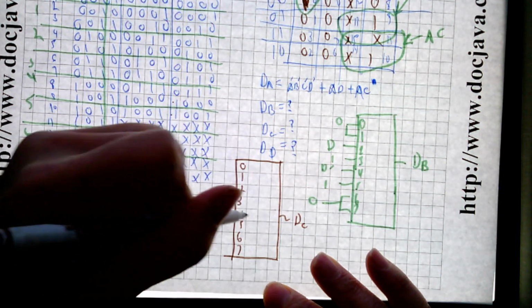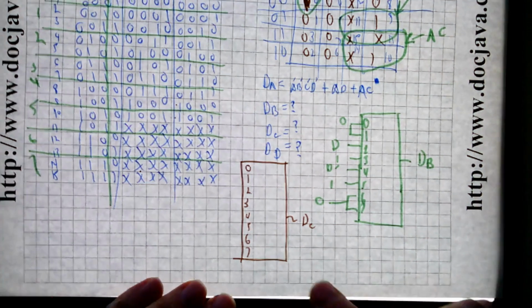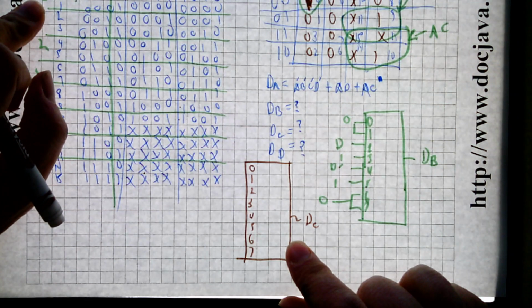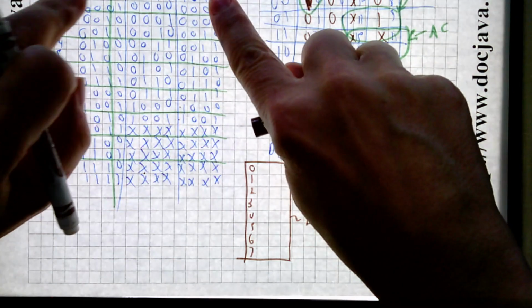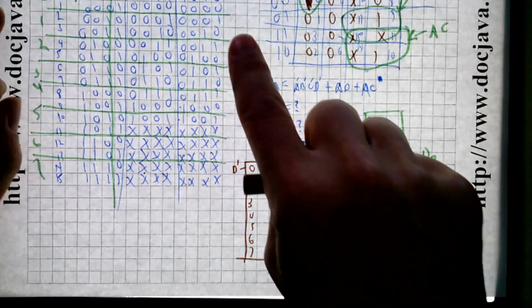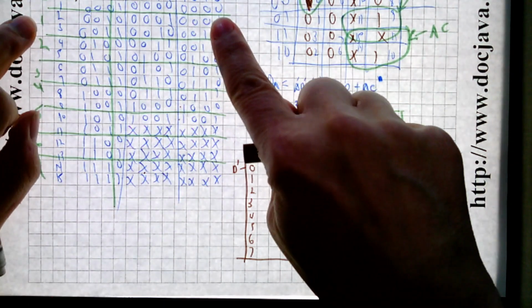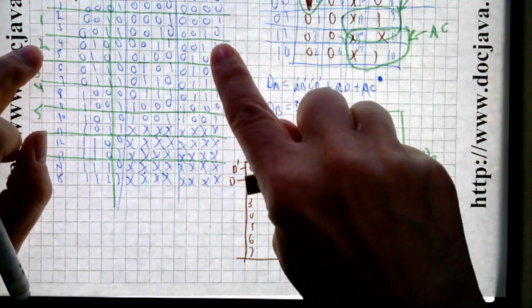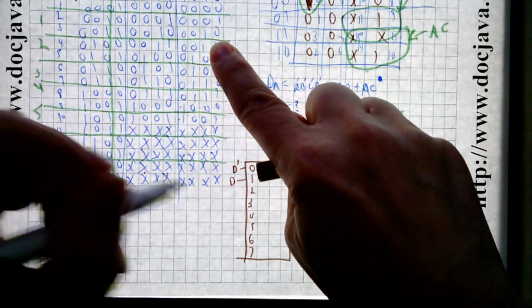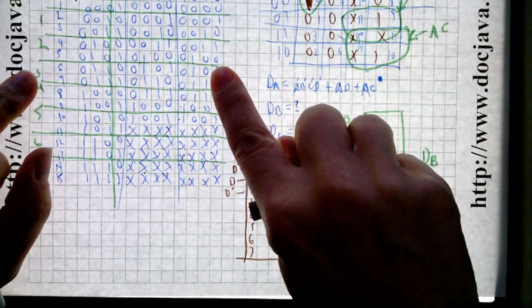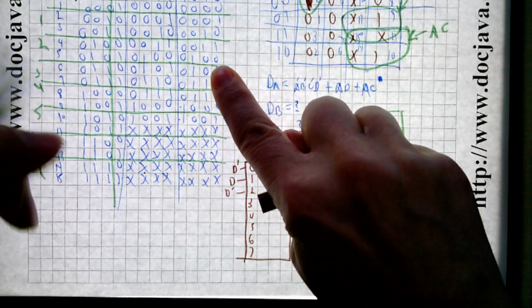D sub c. D sub c is equal to d prime, number 1, d sub c is equal to d. Number 2, d sub c is equal to d prime. Number 3, d sub c is equal to d.